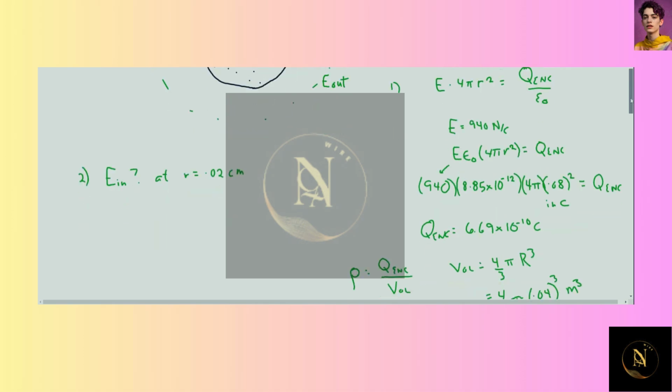But we're going to still use the same Gauss's law: the electric field, in particular the radial component, times 4 pi r squared is equal to the Q enclosed over epsilon naught.